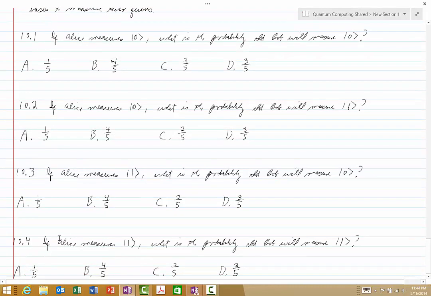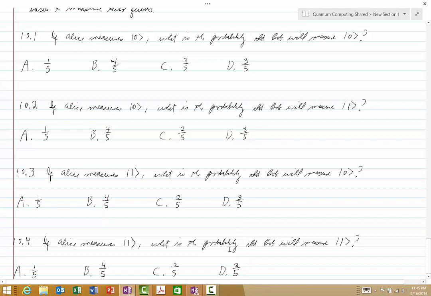And finally, if Alice measures the first qubit as 1, what is the probability that Bob will measure the second qubit as 1? And in each one of these 4 problems, A is 1/5, B is 4/5, C is 2/5, and D is 3/5.